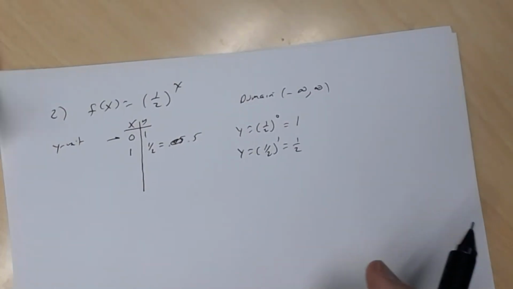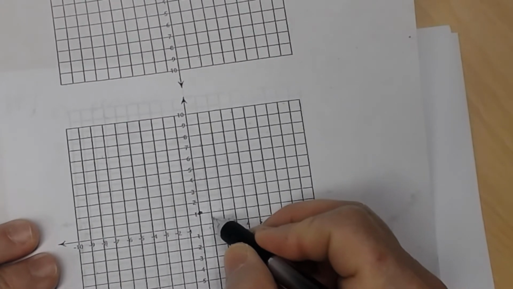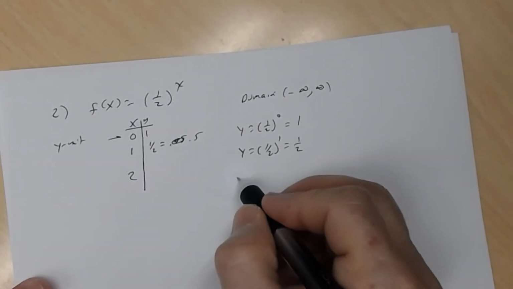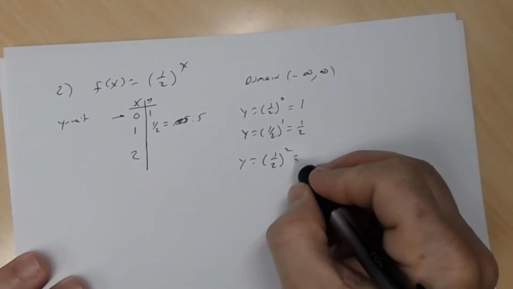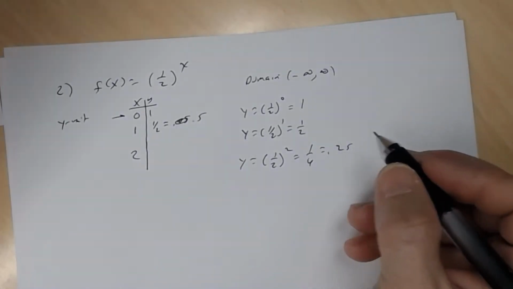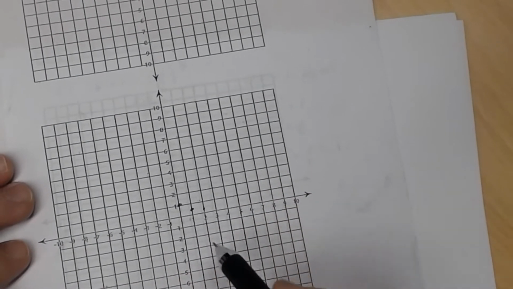So 1/2, which is about here. If x is 2, I get y equals 1/2 squared, which is 1/4, or 0.25. That's about here.